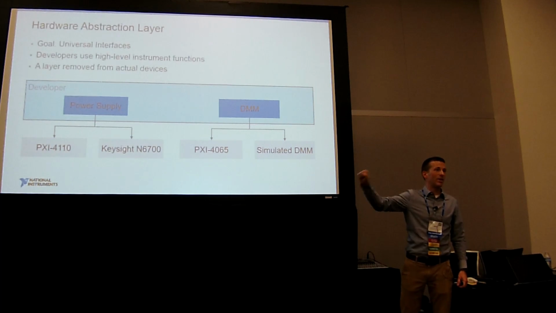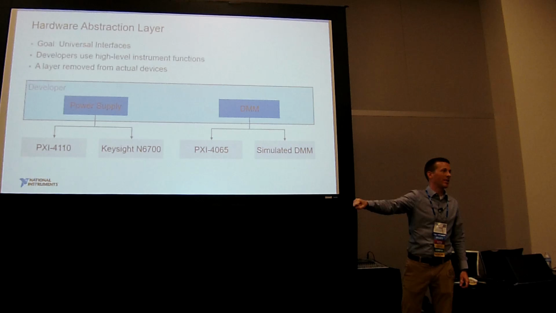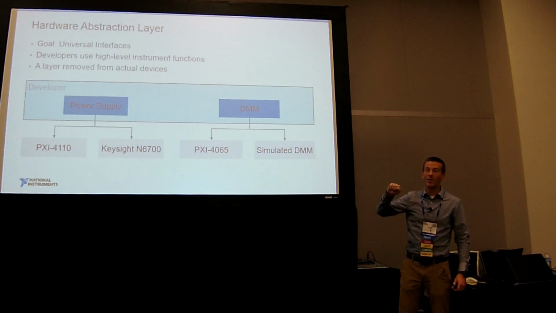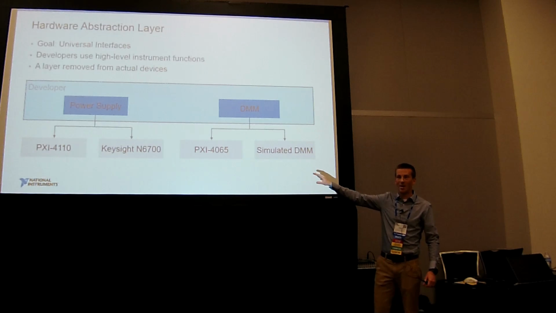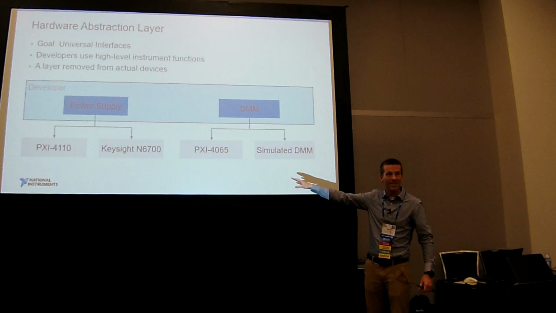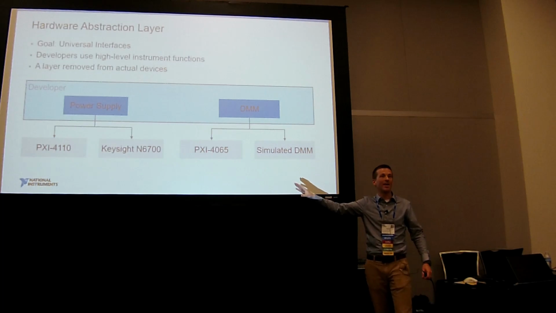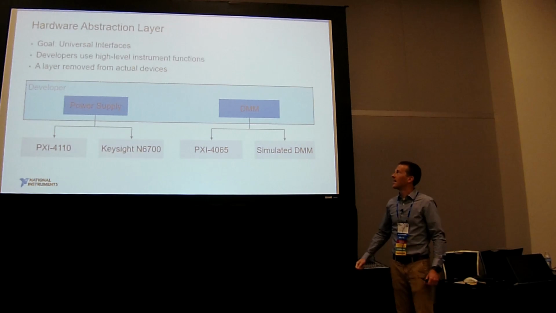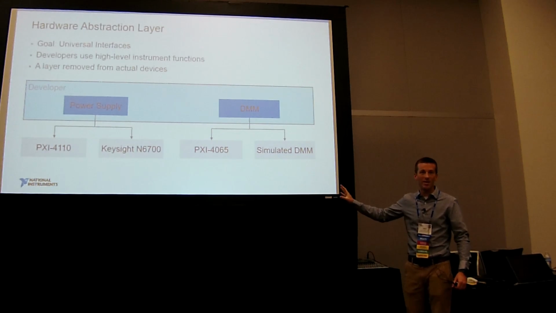I want to write functions that will talk to a power supply, or functions that talk to a DMM. I don't care as a developer whether that power supply is a PXI-4110 or a Keysight N6700 power supply. I just want to say, I need to turn the power supply on. I want the power supply on function. Same for a DMM or other instrumentation that you may have.